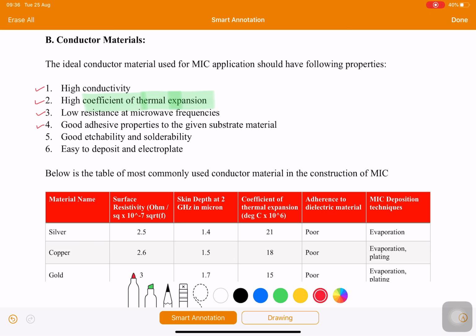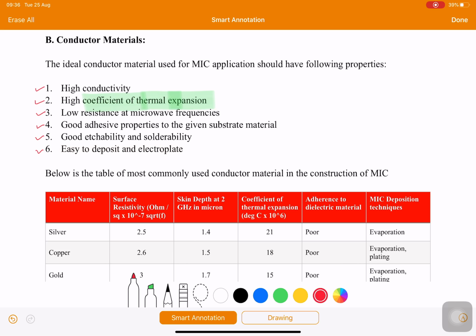Next, they should provide good etchability and solderability, because by using conducting metal substances we can etch and solder the material easily, and this can be done only with good types of conductors. They should possess easy depositing and electroplating properties. These are also the desired properties of the different types of conductor material.